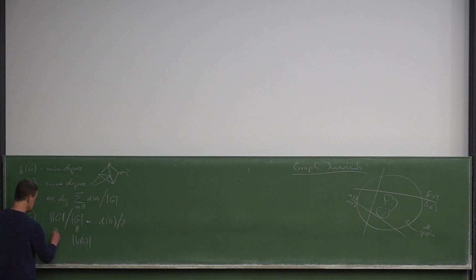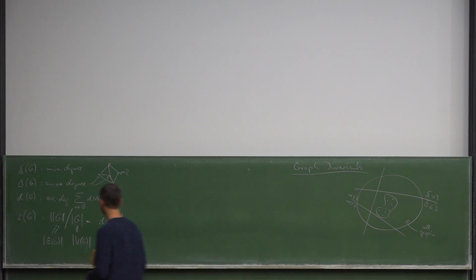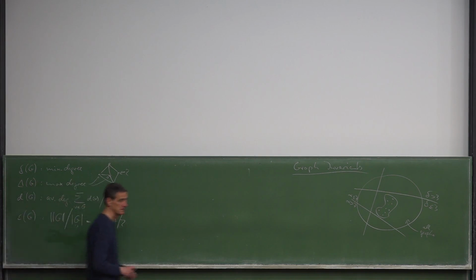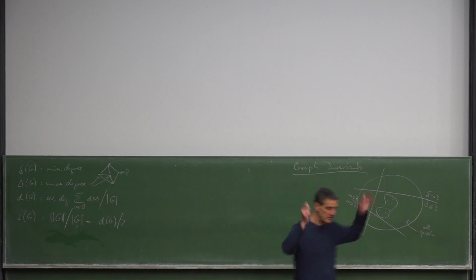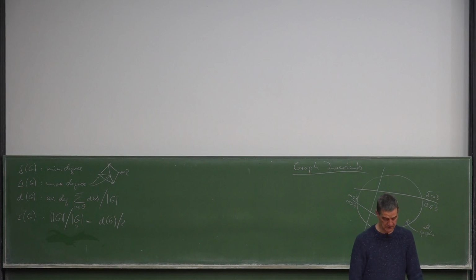And this, by definition, is the cardinality of the set of edges of G. Okay? Right. So we've got a few very, very basic invariants already. And in particular, we've got some local invariants and we've got a global invariant. These are not mathematically precise terms. This is just intuitive now.